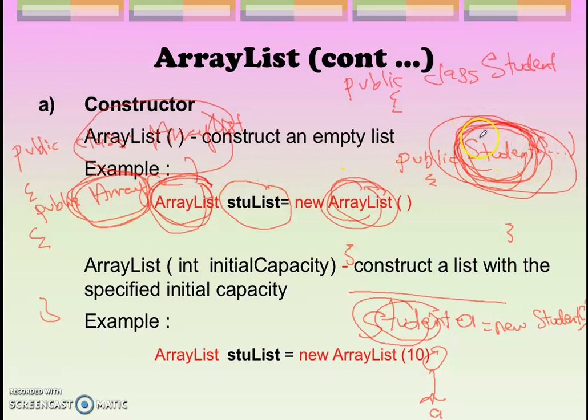Tapi kalau yang ni, previous example yang you belajar last semester, selagi you tak create this normal constructor, you cannot use this normal constructor to construct this object. Boleh? Okay, this one is once we construct the student list menggunakan array list punya constructor, so with empty size.